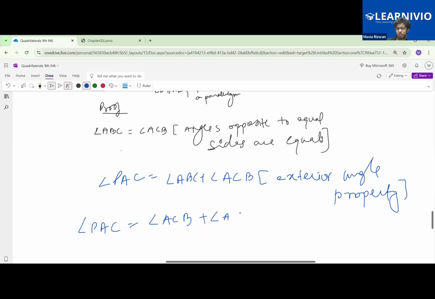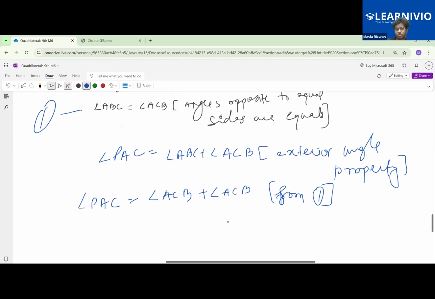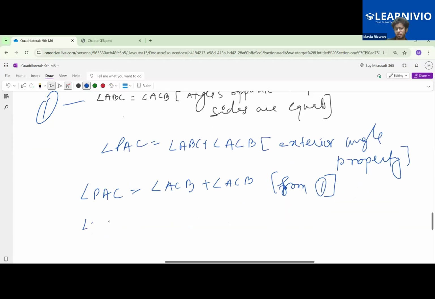This is from 1. Now angle PAC would be equal to ACB plus ACB, that is twice of angle ACB. Name this as equation 2.